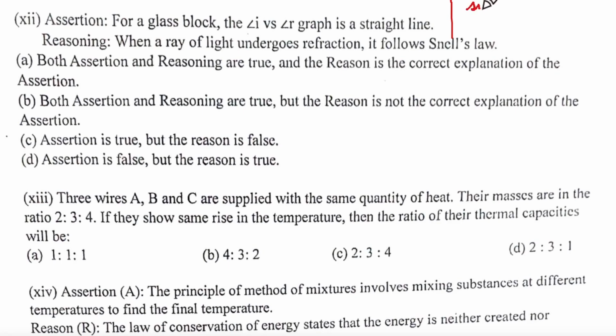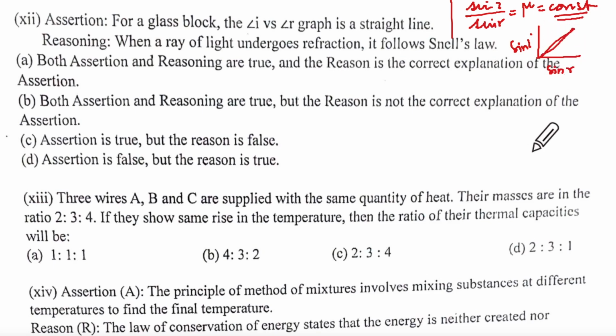You know that sine of I upon sine of R is equal to constant, which means mu, correct or no? If sin I upon sin R is constant, then the graph of sin I and sin R will be a straight line.